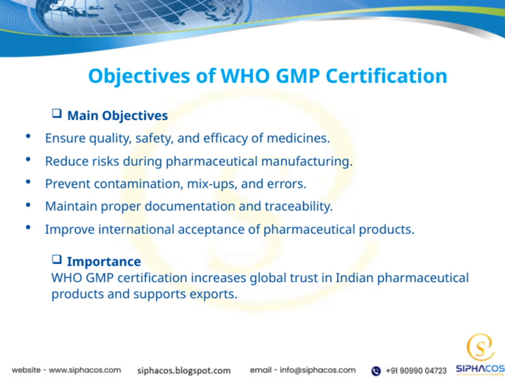Now, why is this important? Well, GMP certification boosts global trust in Indian pharmaceutical products, which is crucial for expanding exports and strengthening our reputation worldwide. Overall, these objectives are all about ensuring that medicines are safe, effective, and trusted everywhere they reach.